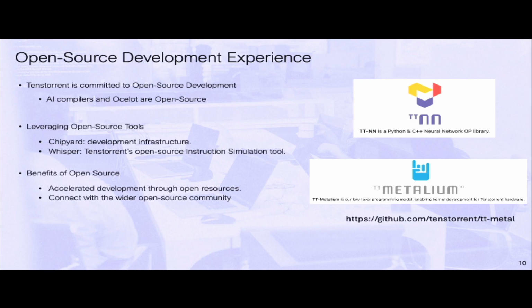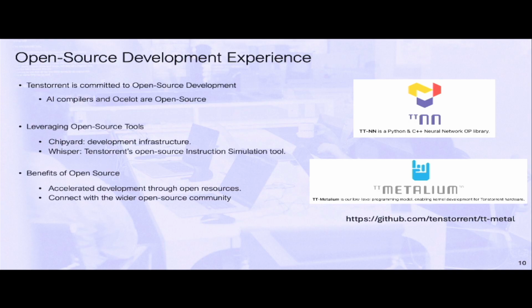Tenstorrent is committed to supporting and contributing to the open source community. For example, our AI compilers are fully open source, and the Ocelot project is one of our open source hardware initiatives. Throughout my work on Ocelot, I've also been reminded of how much we ourselves benefit from the open source ecosystem.